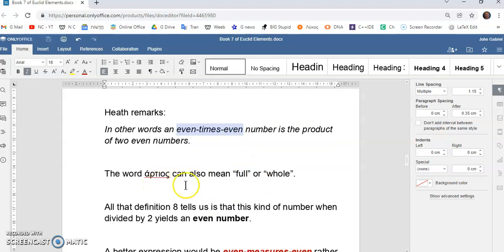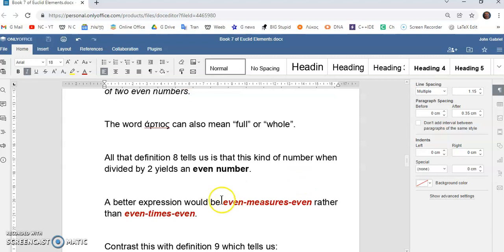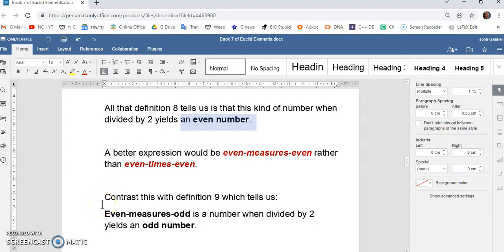And the word Άρτιος can mean full or whole in Greek. And all that definition 8 tells us is that this kind of number, when divided by 2, yields an even number. Once again, if Heath had read the following definitions and looked at everything in context, he would have understood this, right?